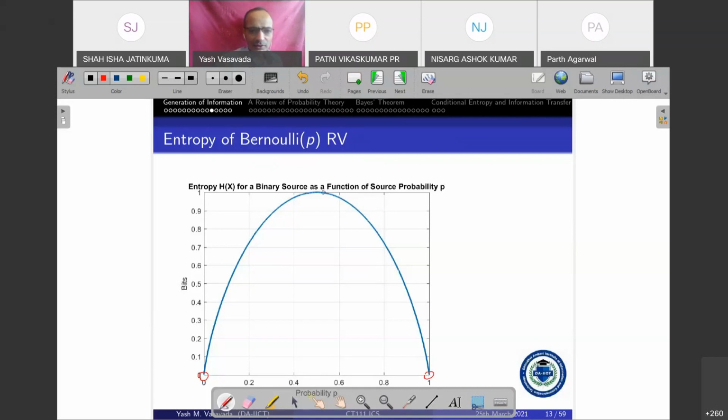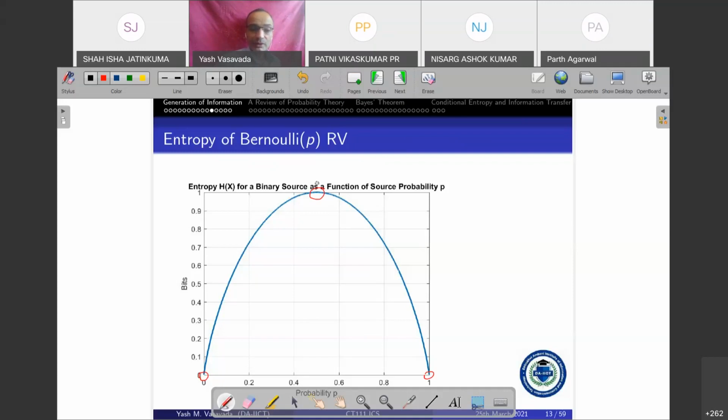Whereas if you toss a coin, especially when the probability that heads or tails come up is equal to 0.5, then such a source is the most information-rich source, because it is least predictable. You can't make any prediction ahead of time.